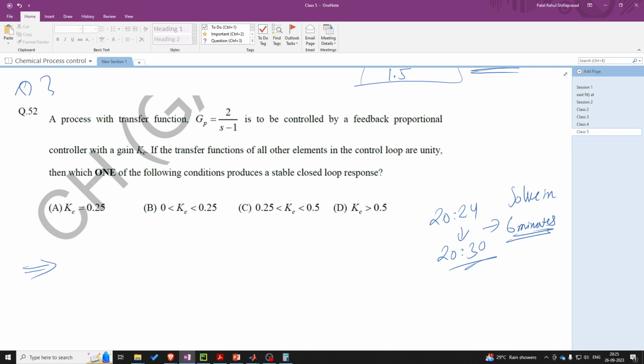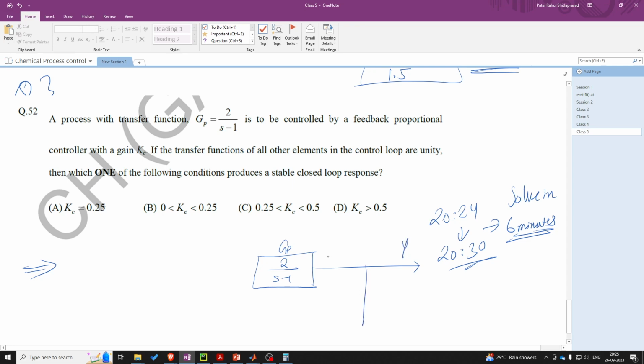So I will just draw the block diagram for you. However, I don't think you need such a detailed block diagram in this question. So let's just start it step by step. We have this process Gp equal to 2 upon s minus 1. Corresponding to that, we will get a response, that is y.